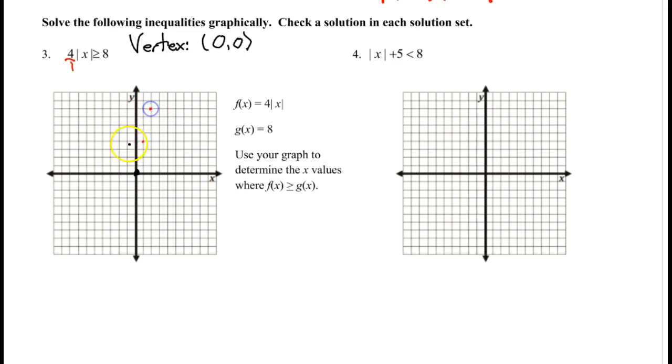Do that a few times. Get a straight edge. Okay. And then we have 8. Okay, so that's going to be way up here. This is the horizontal line.